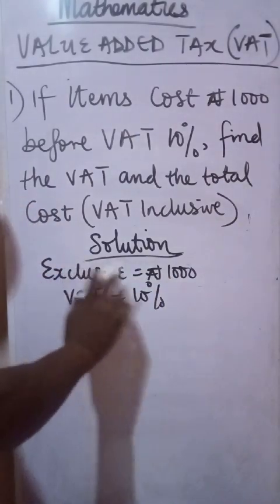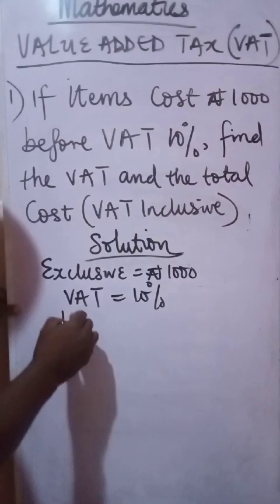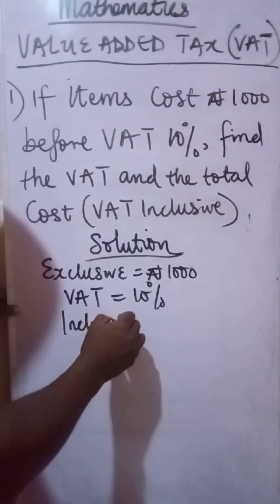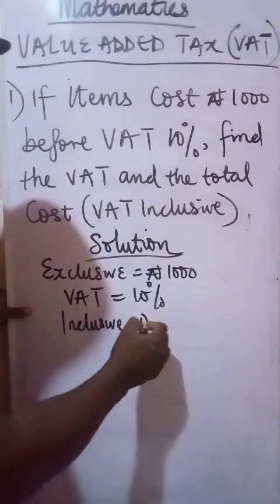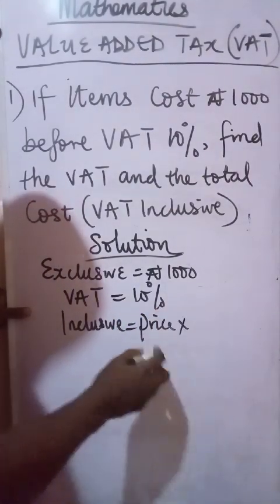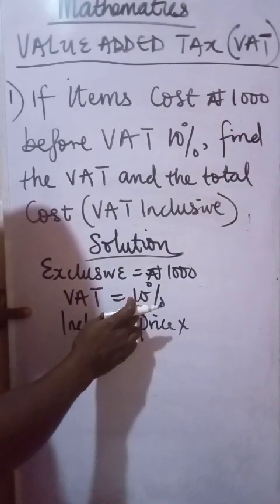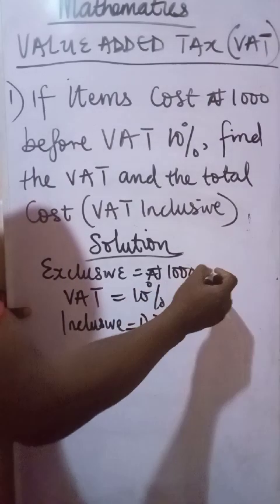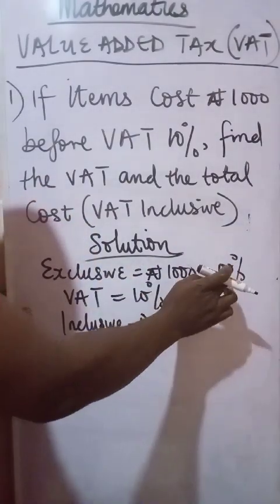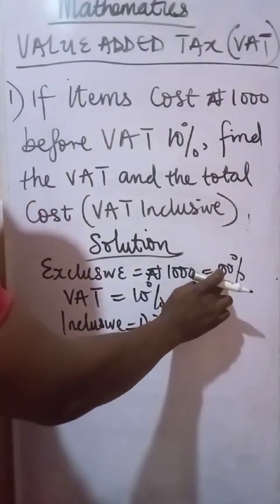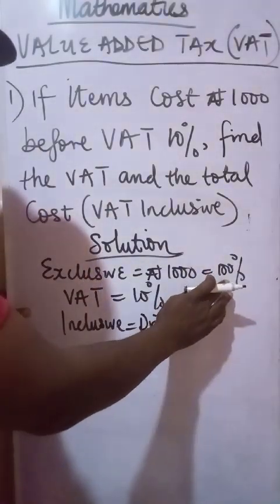If you read the question and the question is talking about exclusive, and you now want to find inclusive, you should do price times this 10%, because now we are including 10% on 100%. Exclusive is always 100 in percentage. Are you getting it now? The percentage of exclusive is always 100.